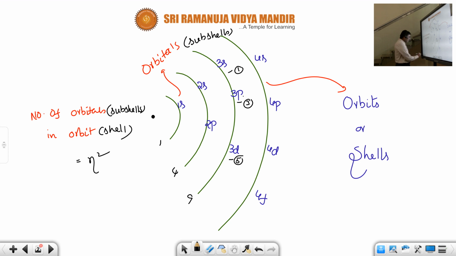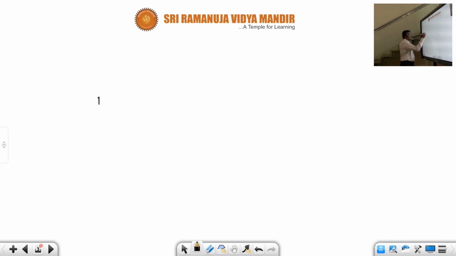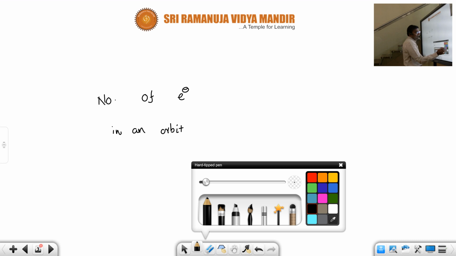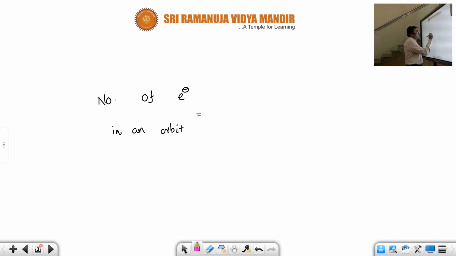And there is another formula for the number of electrons in an orbit or in a shell. Now this is an orbit. This is given by the formula 2n square.